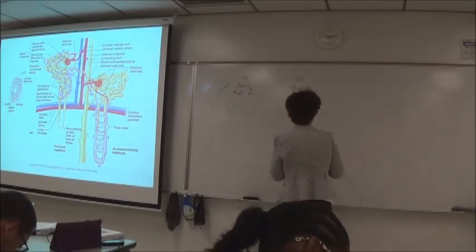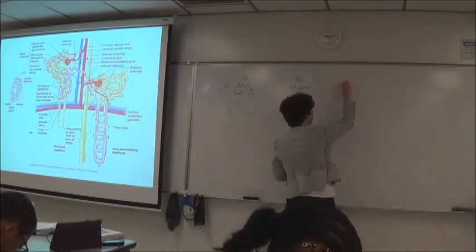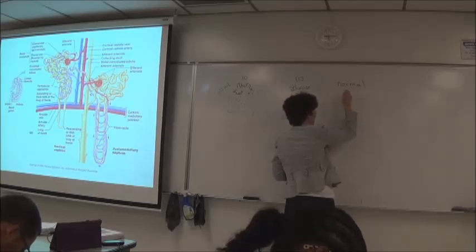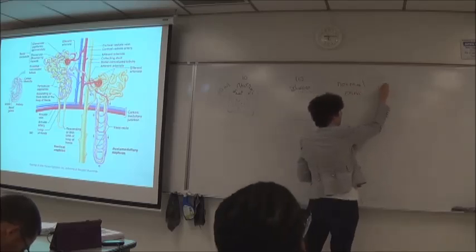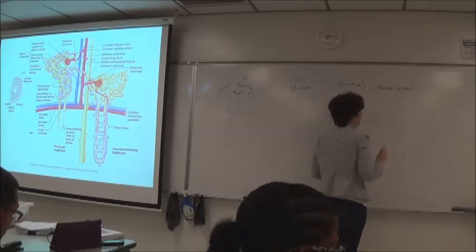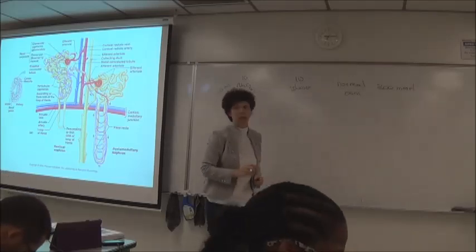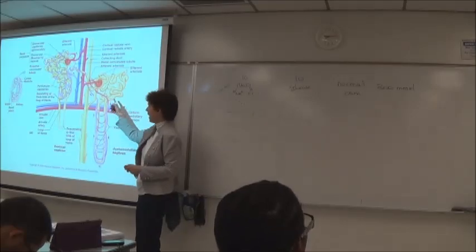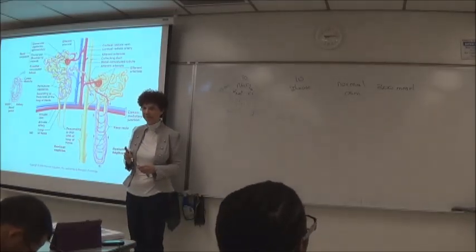So normal blood osmolality is 300 milliosmoles. So that's what we have in the blood, and that's what we have in the filtrate.